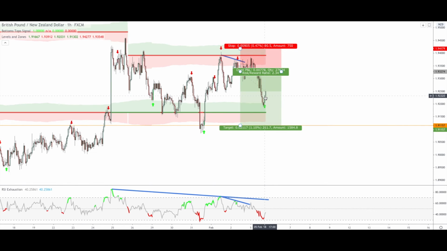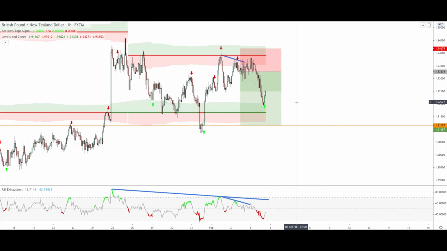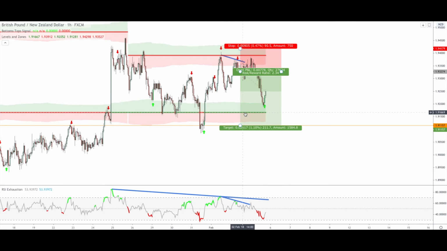Moreover, as I was saying in the initial part of the video, I was expecting that the price could find some difficulty around the support level here, and in fact, as you can see, the price was moving down quite rapidly, and then it was stopped. This means that this support is pushing the price higher.